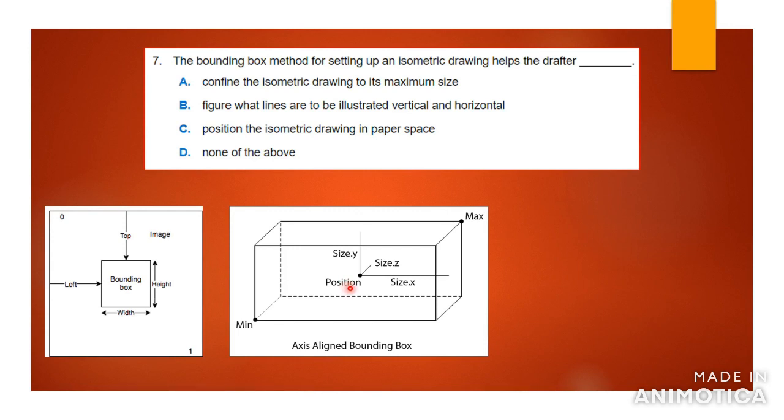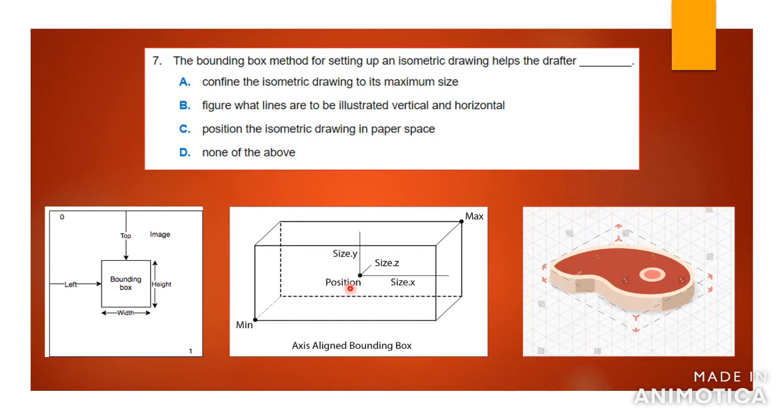So you would know the limits of that object. Okay? And here you have an example of the object inside of the box itself, or the cube itself, or cuboid, and you would know the height of the object, the width of the object, and the length of the object. Okay, so that is what you call a bounding box.